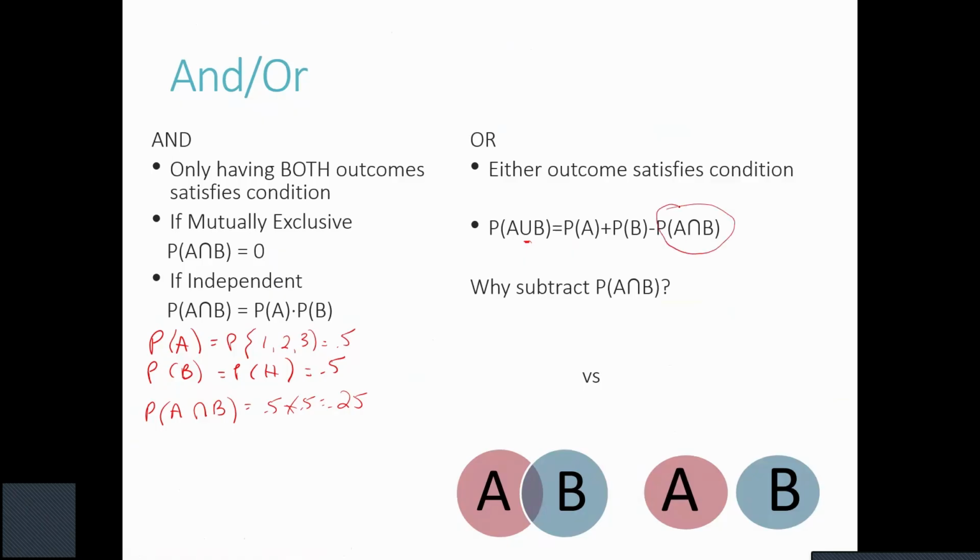Okay, this is an important bit. Why do we subtract that part? And the reason is because it can get double counted. Like here, that part is both in A and in B. Here, there's no overlap, right? So the A and B would be 0, so we don't have to worry about it.